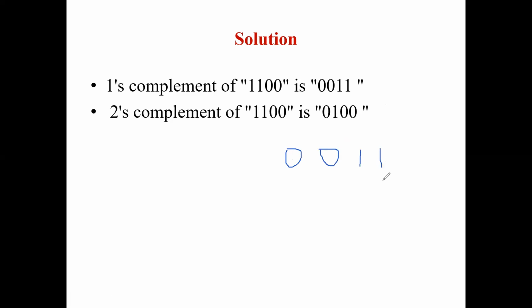And then you add 1. Okay, so 1 plus 1 is 0.